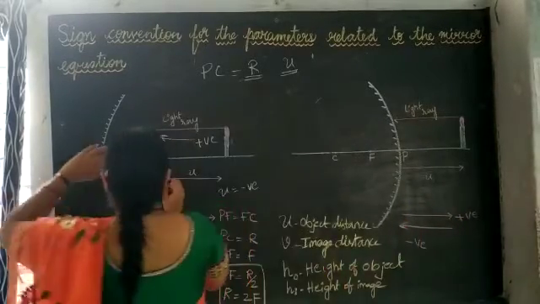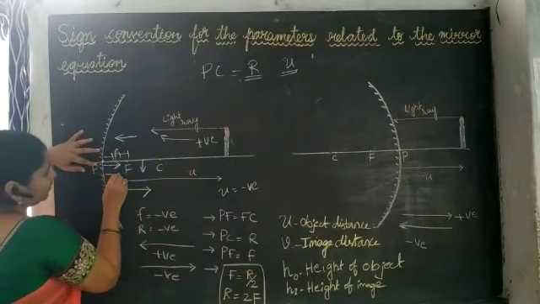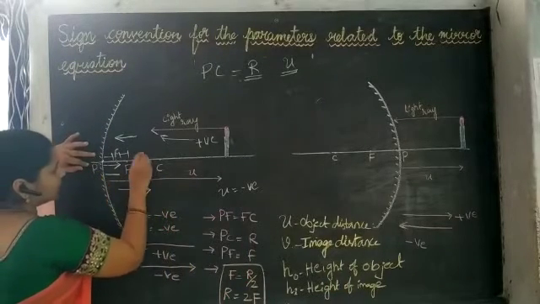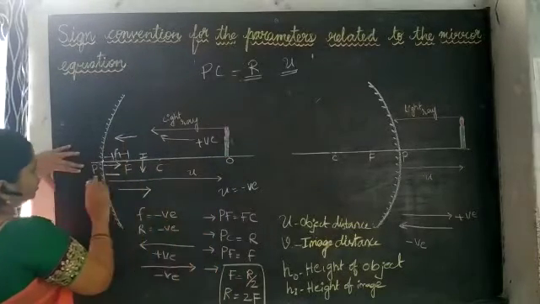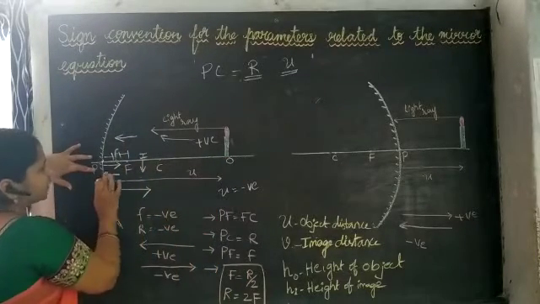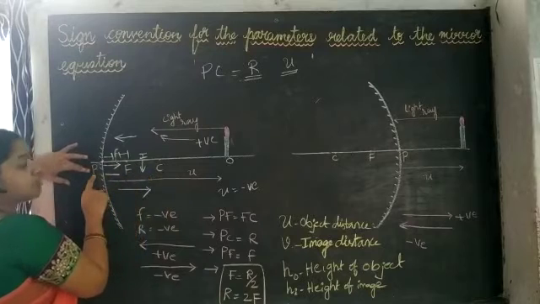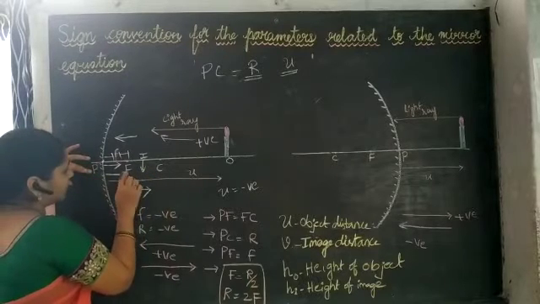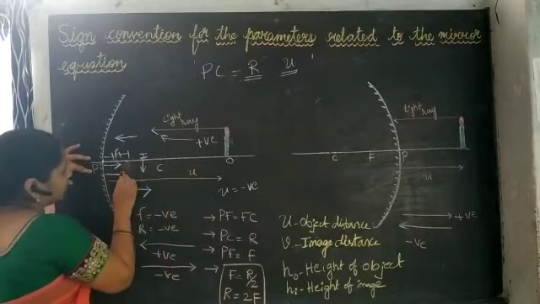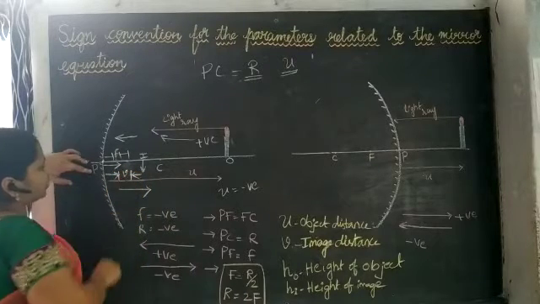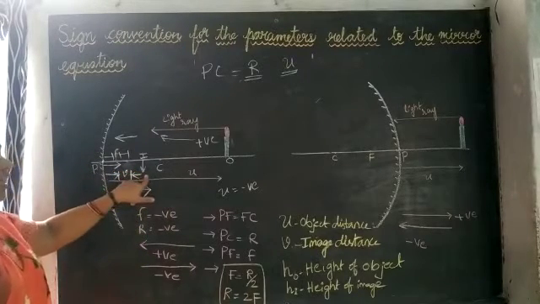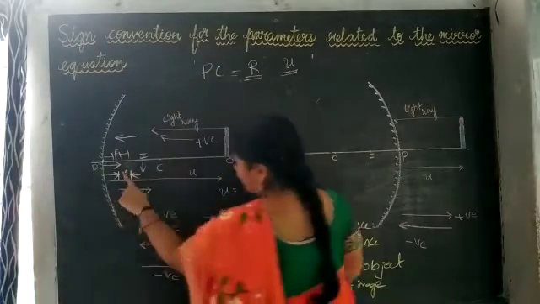The distance between pole and image, I refers to image, O stands for object, is known as image distance.